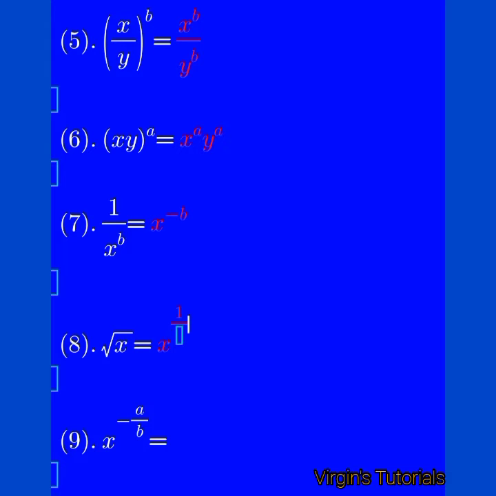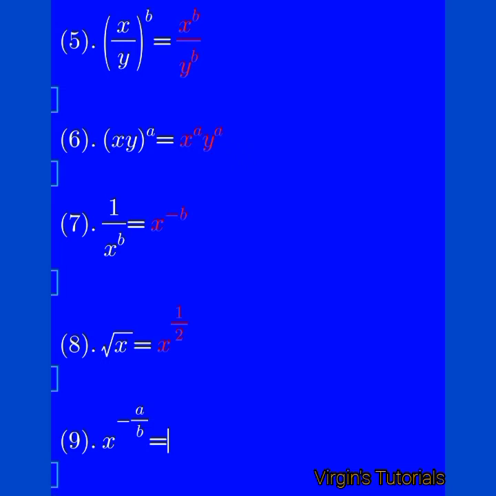So that is just it. We are trying to write 1 over 2 here. Now we have the 9th law. We could just consider this our last law. Anyway, there are a few other laws to be mentioned, like two more, but they are not named. Now we have x raised to the power minus a over b.